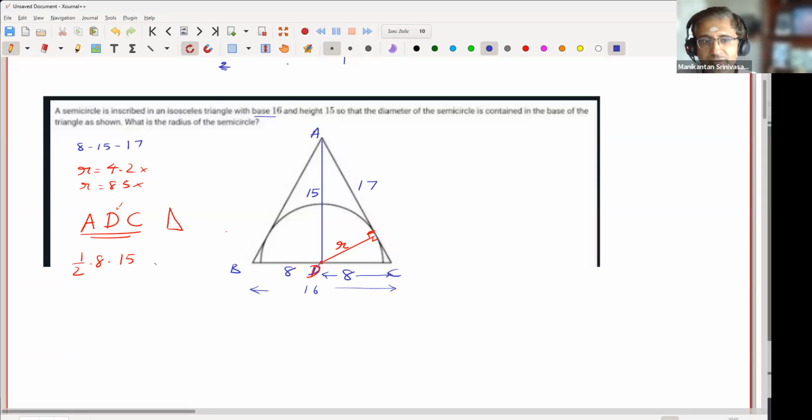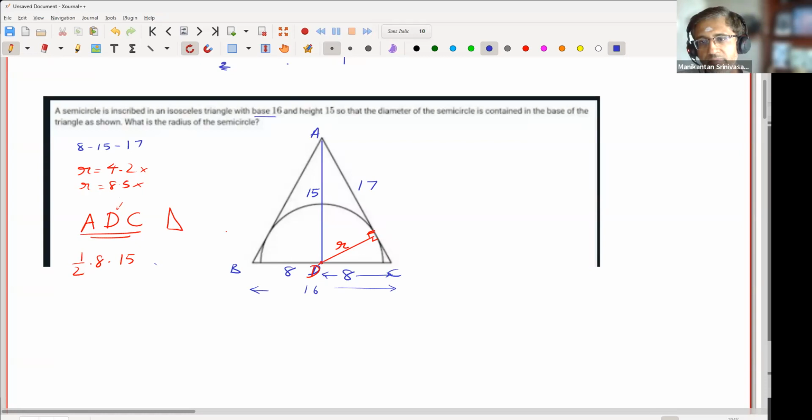I got the answer 7.05. Okay, you can tell it in fractions, please. 120 by 17. Exactly. Yes. And how did you proceed from here, Akshaj?